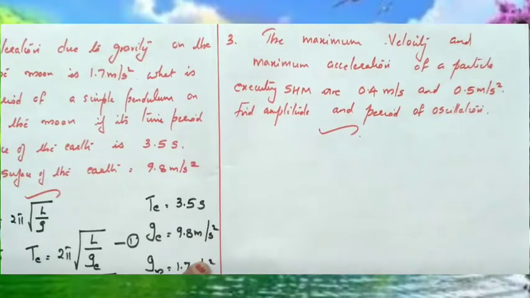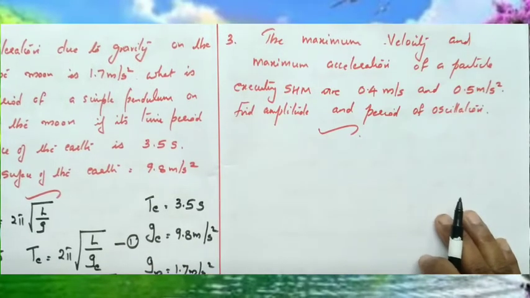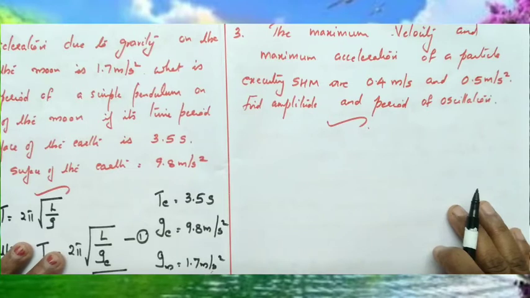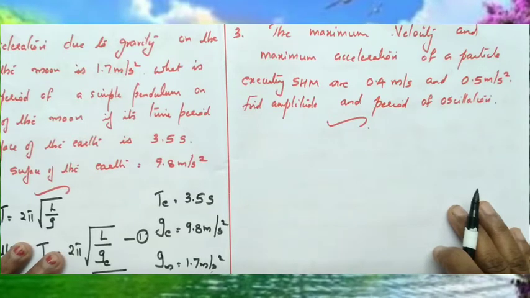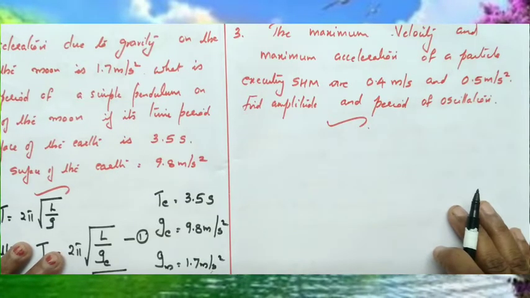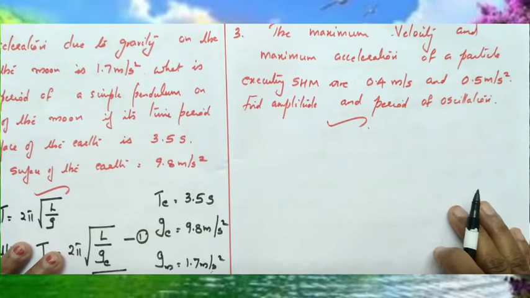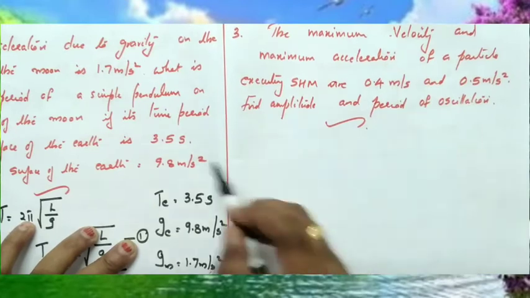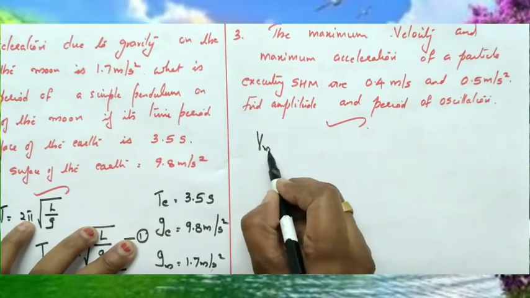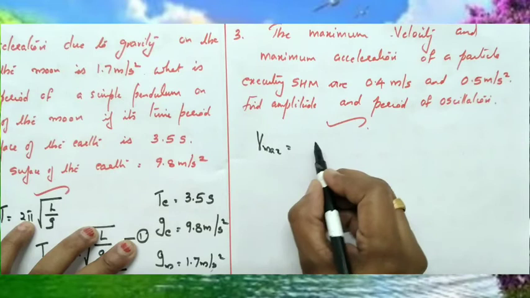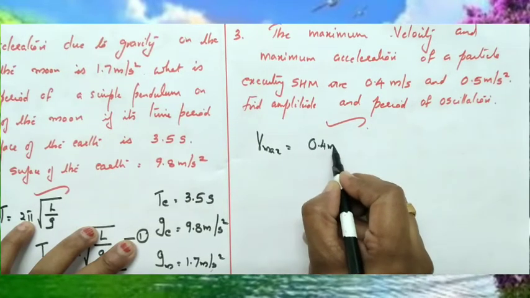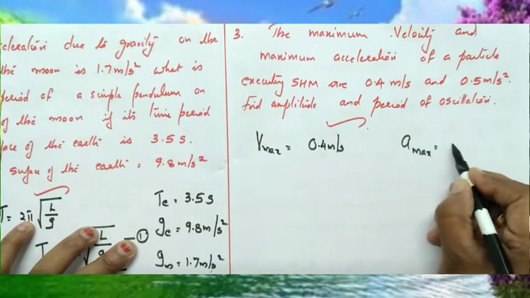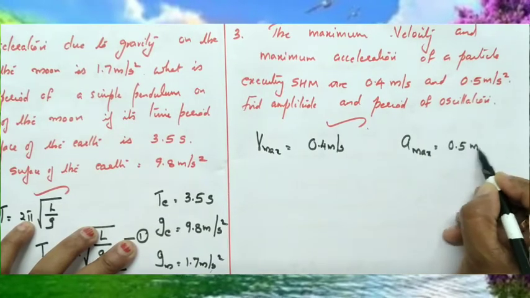Next question. The maximum velocity and maximum acceleration of a particle executing simple harmonic motion are 0.4 meter per second and 0.5 meter per second square. Find amplitude and period of oscillation. Here V max equals 0.4 meter per second and maximum acceleration is 0.5 meter per second square.